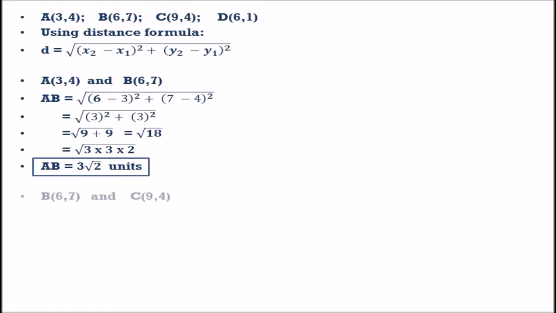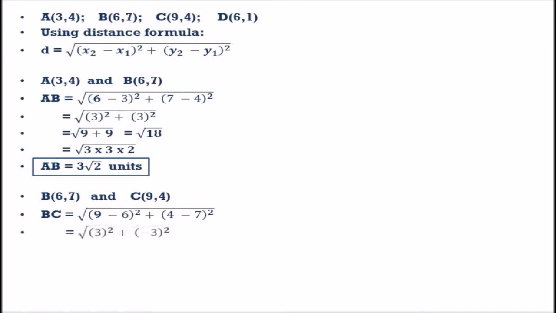Now on to the next side, BC. B is (6, 7) and C is (9, 4). So BC will equal under root (9 minus 6) whole square plus (4 minus 7) whole square.